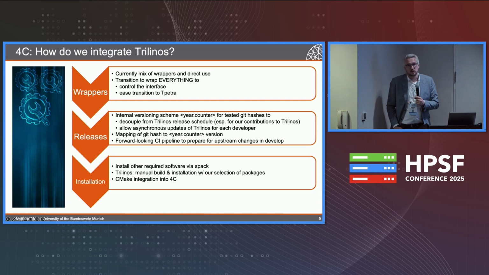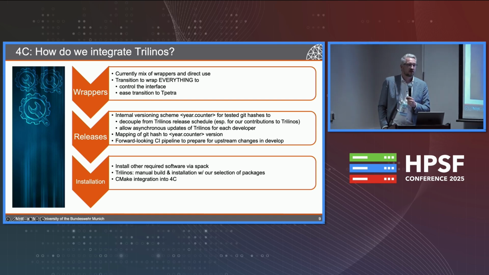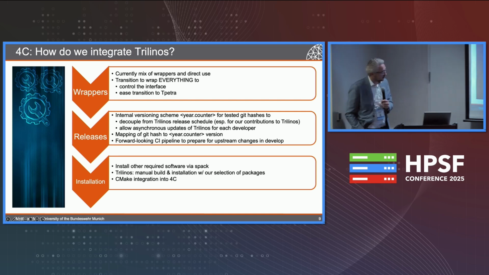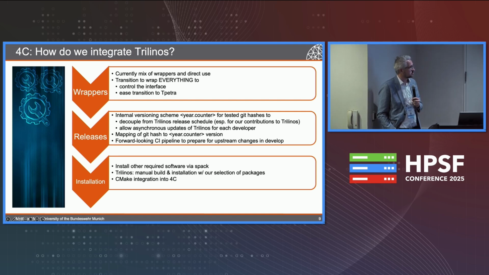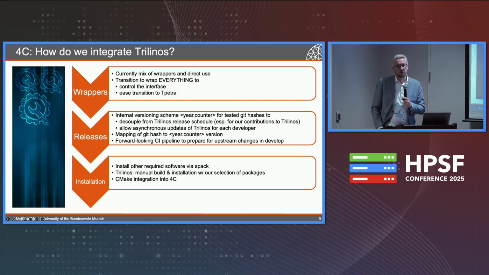So how do we use Trilinos, or how do we integrate it into our code base? I picked out three aspects. One is wrappers. Currently we use a mix of wrappers and direct use, meaning that, for example, we used to have a wrapper for all the sparse matrices, but for whatever reason, we used the Epetra vectors directly, scattered all across the code base.